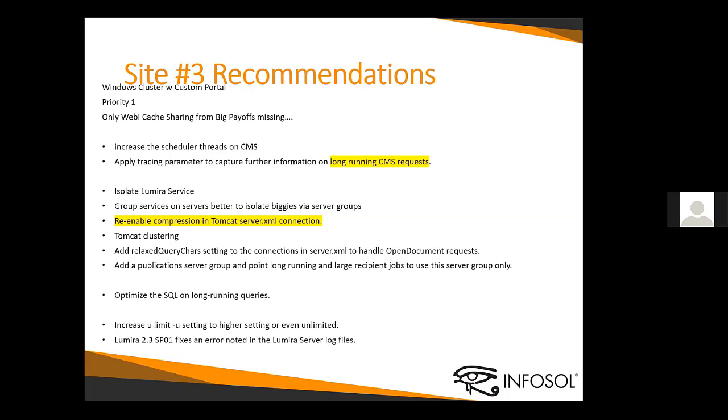Then there are some other little things, like relaxed query characters being added to the CMS or to the server XML, which handles some of the characters that browsers and Open Document need to pass values. We also find error messages in the logs, because we look at those and recommend various small things.